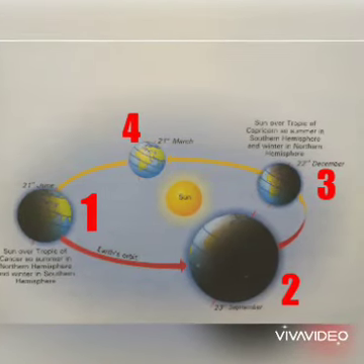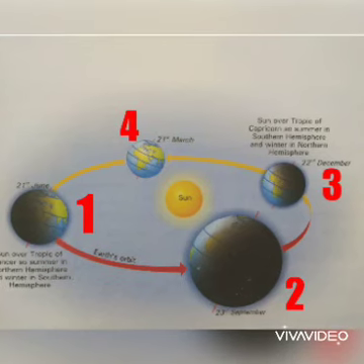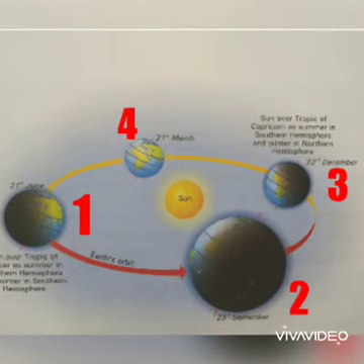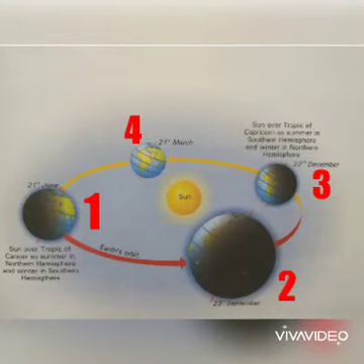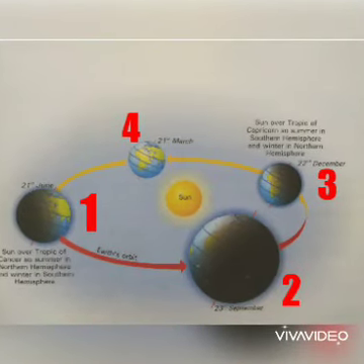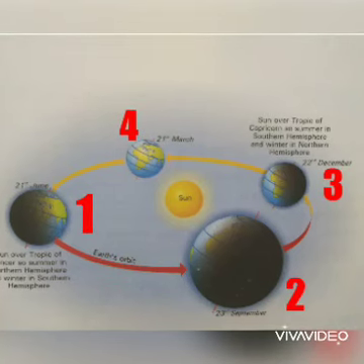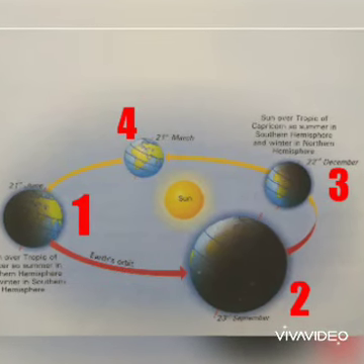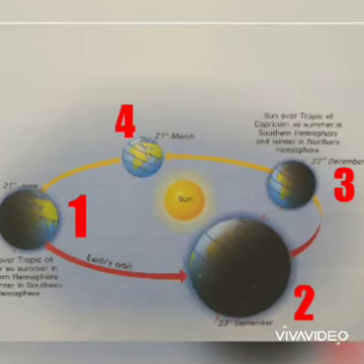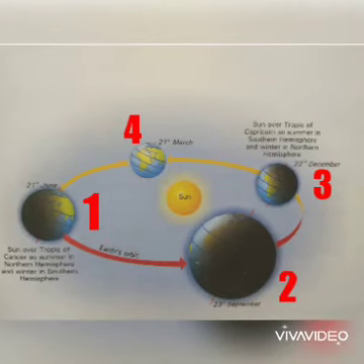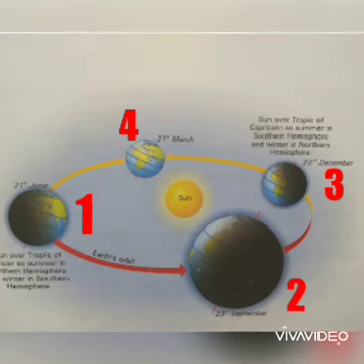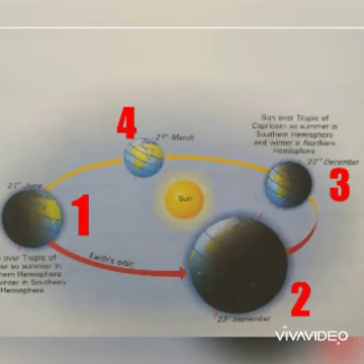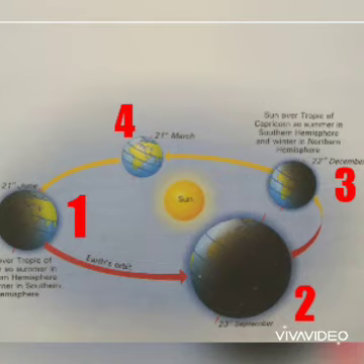So it means that in the northern hemisphere there will be summer, and in the southern hemisphere there will be winter. It is because the northern hemisphere is facing direct sunlight and the southern hemisphere is not facing proper sunlight. That is why there will be summer in the northern hemisphere and winter in the southern hemisphere.